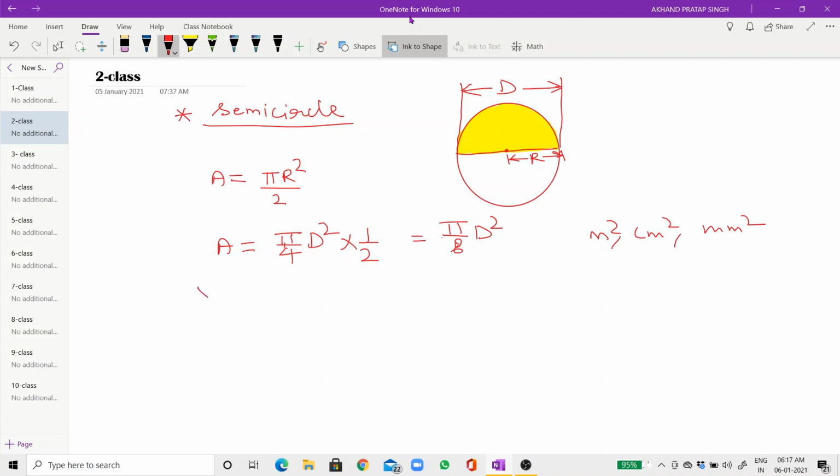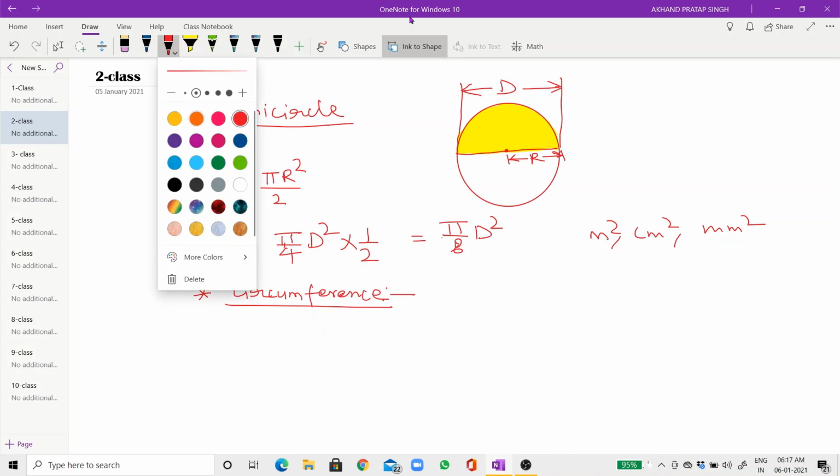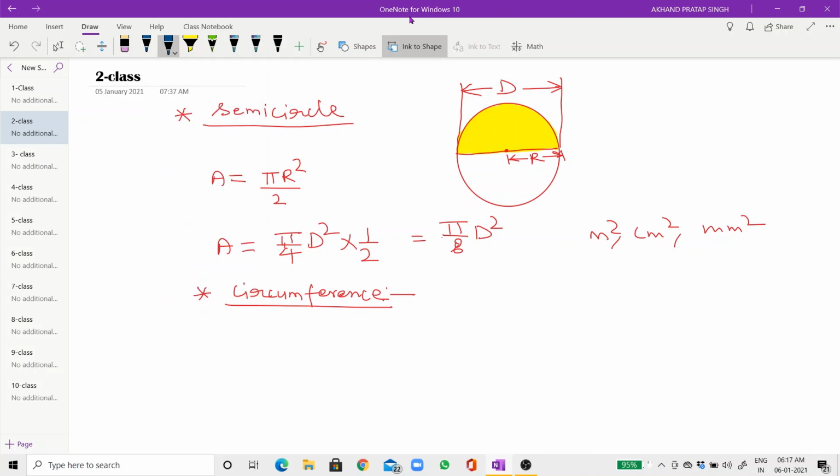Now comes the circumference. Let's change the pen. Circumference is nothing but the perimeter of a circle.